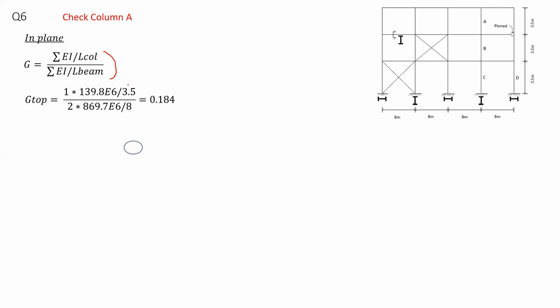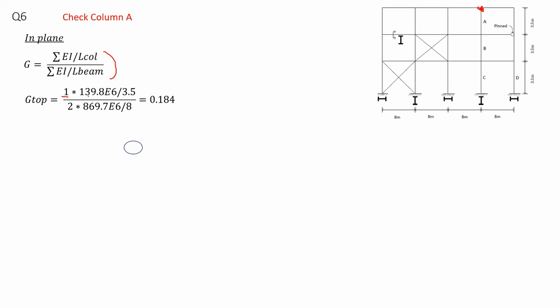So for column A, I have to calculate G top, which is the point shown over here. At the G top, I have to start substituting. How many columns do I have connected to that point? I have only one column connected to it. Therefore, 1 multiplied by 139.8 e to the power of 6.